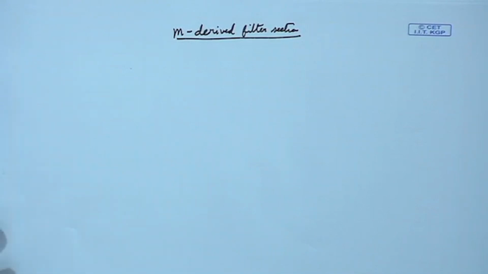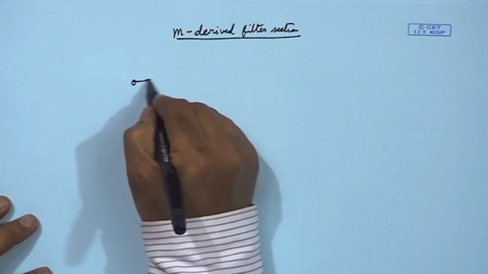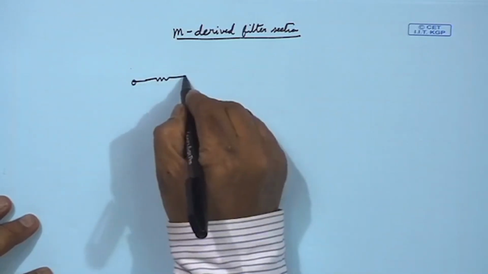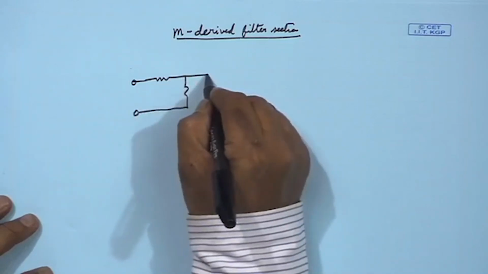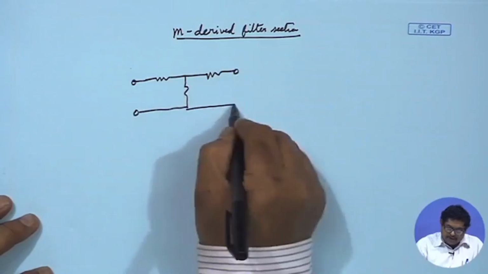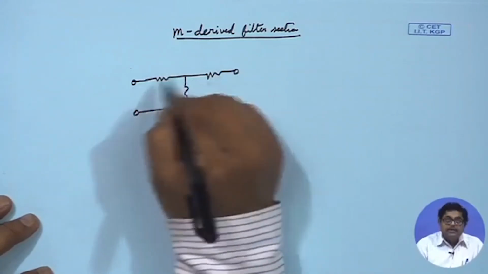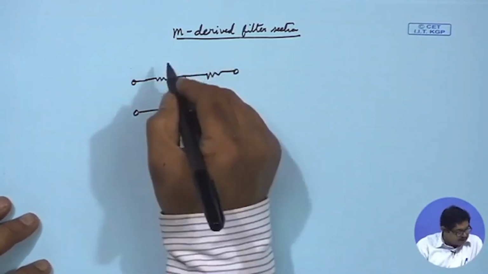So, what is an m-derived filter? It is almost the same as our constant k filter. I start with a T section. It is the same as the T section, a symmetrical section with reciprocal, lossless elements, all of which are reactances.